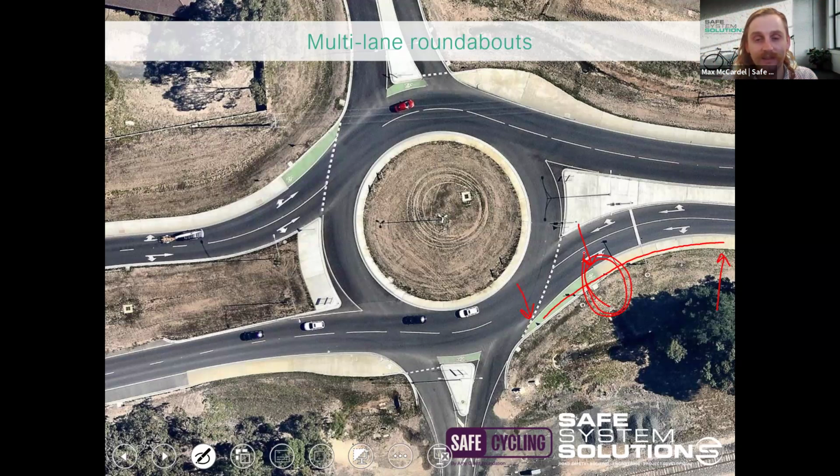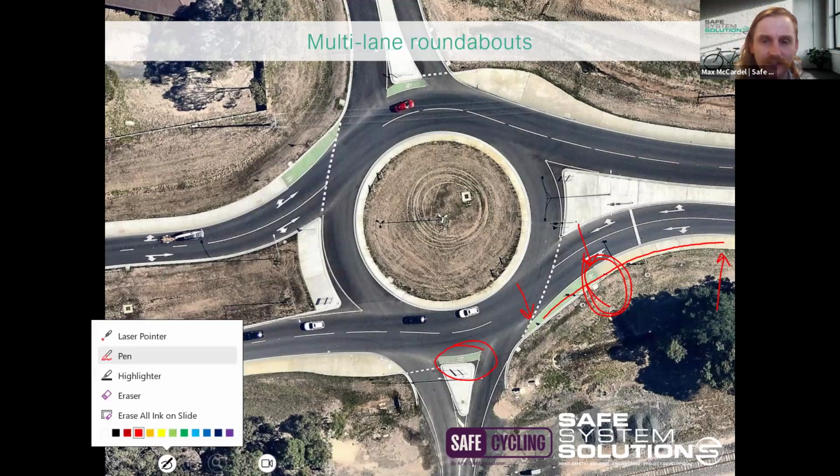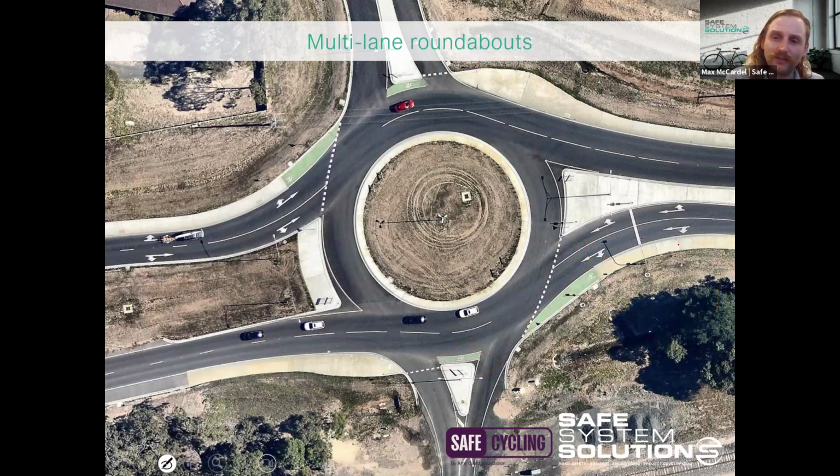Other than that, there's only this weird little bicycle lane adjacent to the splitter islands. Otherwise, it's a bit of a free-for-all. So if you were turning right here, what you may be doing is riding, setting yourself up here, then turning and crossing over.